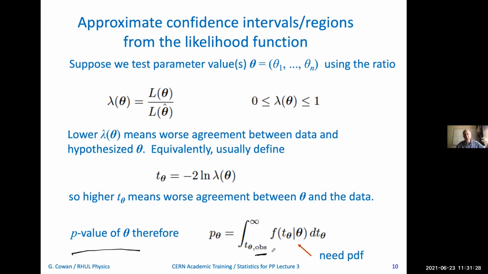Because higher values correspond to less compatibility. All right, so there's my formula now for the p-value. It contains the distribution of this statistic. I need to know, if I were to repeat the experiment many times under the assumption of theta, how would this statistic t(theta) be distributed? Because after all, the data are fluctuating, it'll follow some distribution.